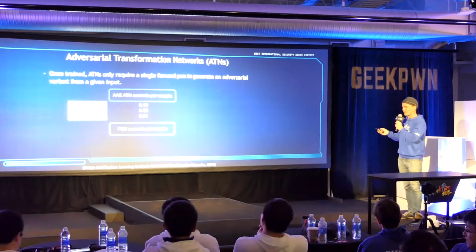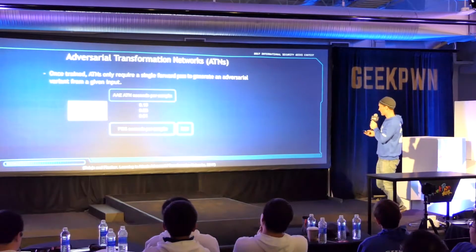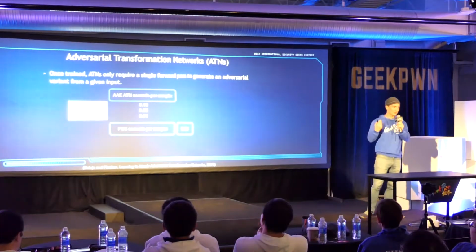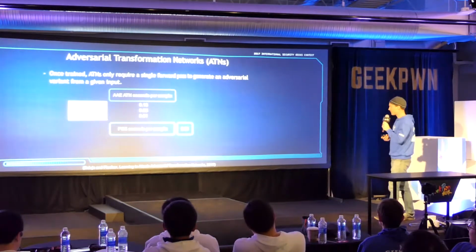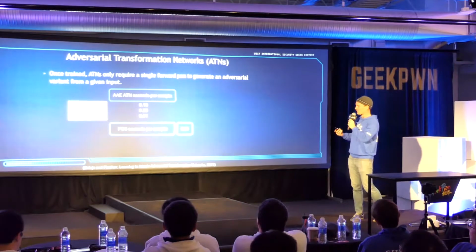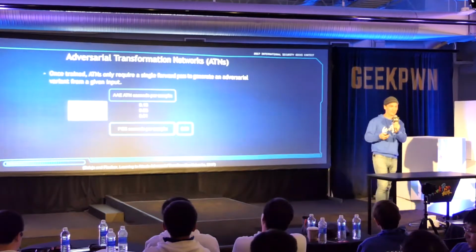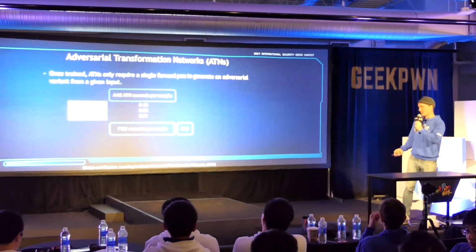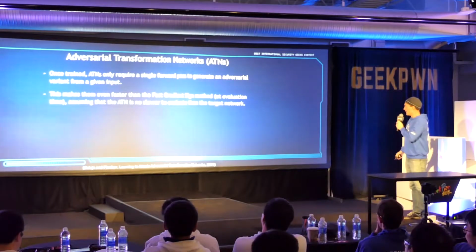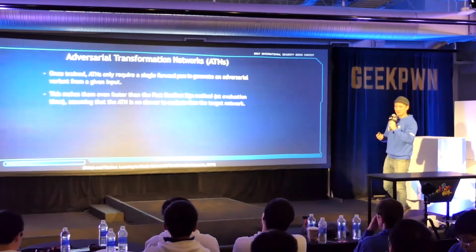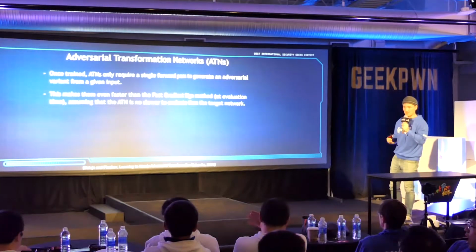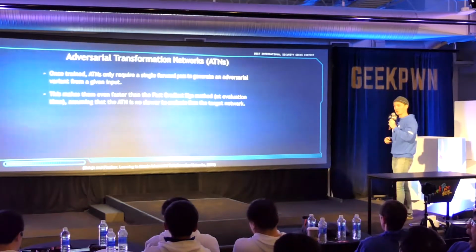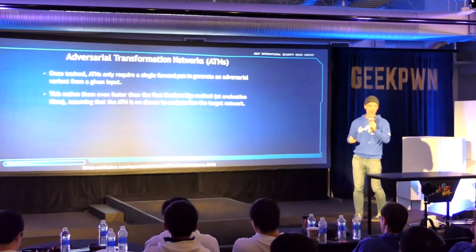In comparison, fast gradient sign on that same target network takes 58 milliseconds. So our best and fastest ATN is like 3 or 4 times faster than fast gradient sign at generating these examples. But of course, that speed is very dependent upon the size of the network and how efficiently you can evaluate the network that you're training.